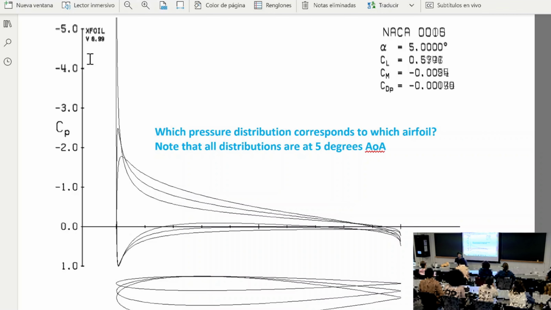Thin airfoil theory assumes that the induced flow from the vortices placed inside of the airfoil is much smaller compared to the free stream, which is not going to be correct around the leading edge. As a result, if you look at thin airfoil theory prediction, the distribution of vorticity actually has infinite concentration around the leading edge.